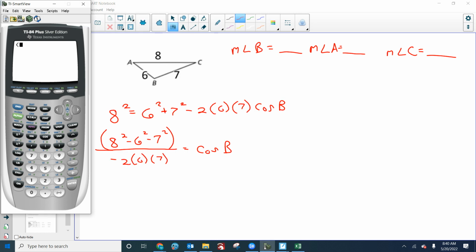All right, so we have parentheses 8 squared minus 6 squared minus 7 squared divided by -2 times 6 times 7. And don't forget, take the cosine inverse of that to uncover the angle. 75.5.